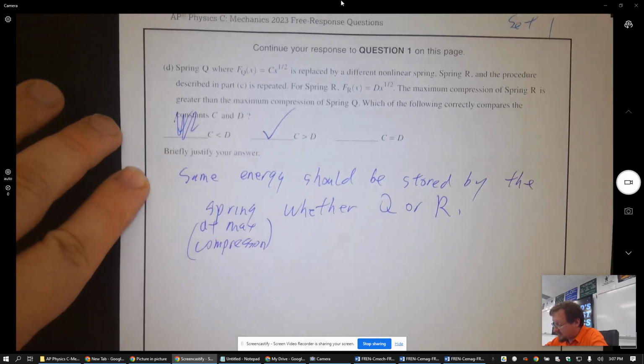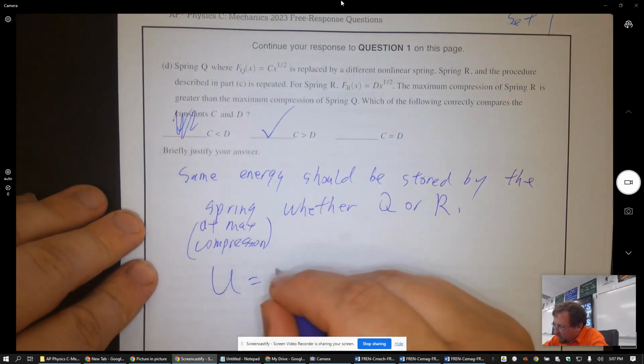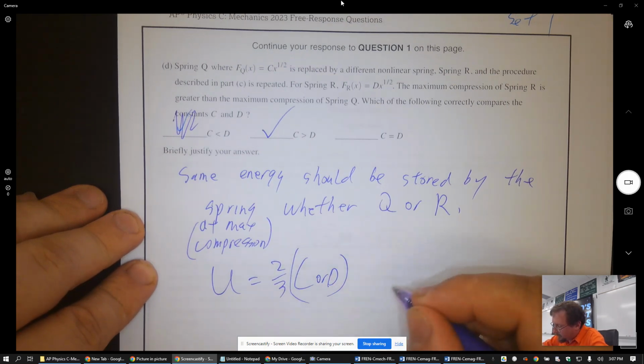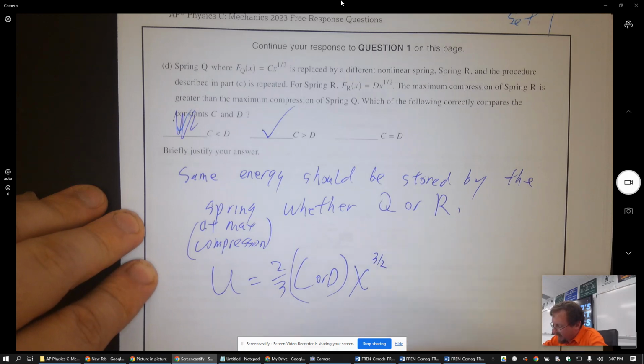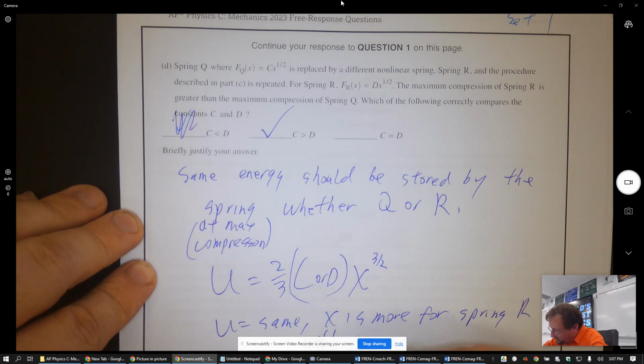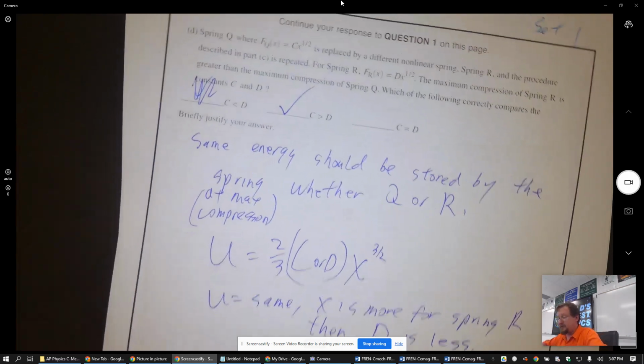Now, what am I going to say about that? I'm going to say U was 2/3 C or D, X to the 3/2. So if U is the same, but X is more for spring R, then D is less or something like that, right? Okay, that's my answer there.